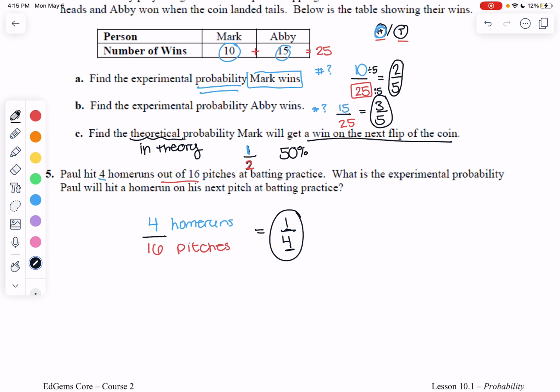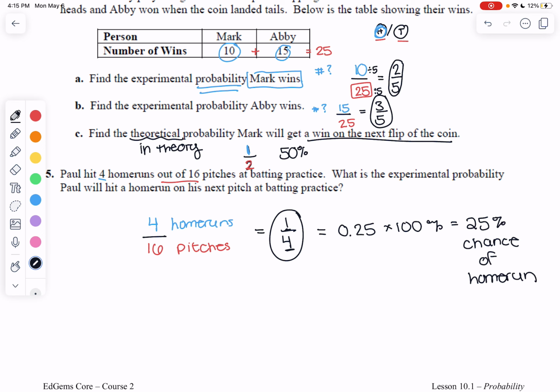So this next home run, we could even put it as a decimal, right? 1 divided by 4 would give me 0.25. If I multiply that by 100%, that would give me a 25% chance that I hit a home run. 25% chance of a home run.